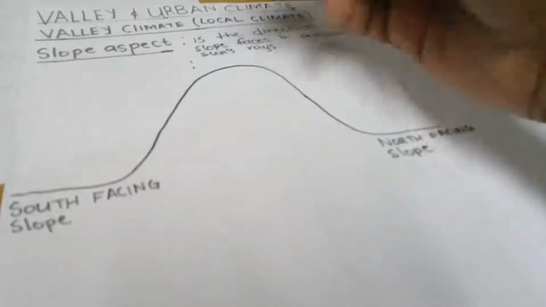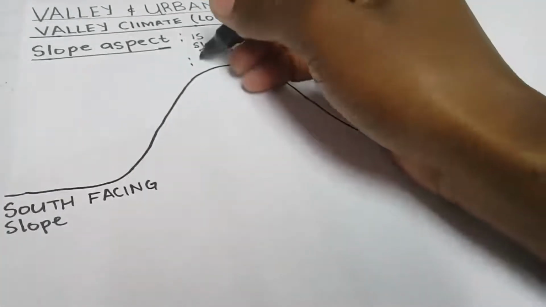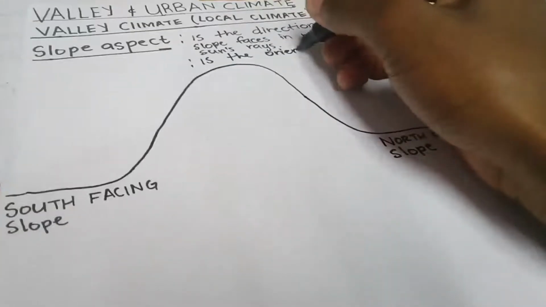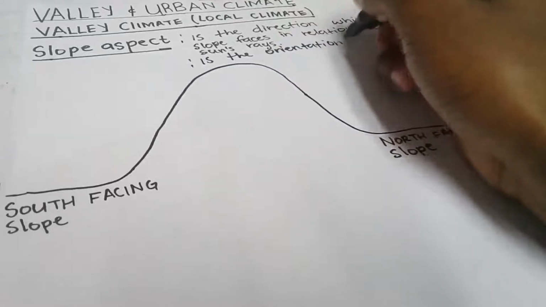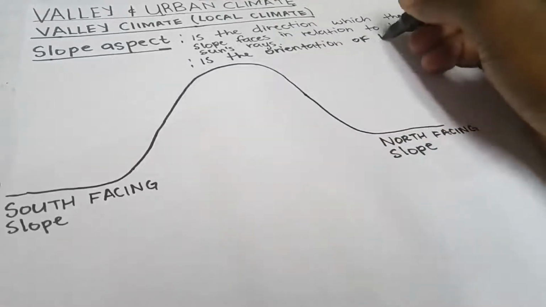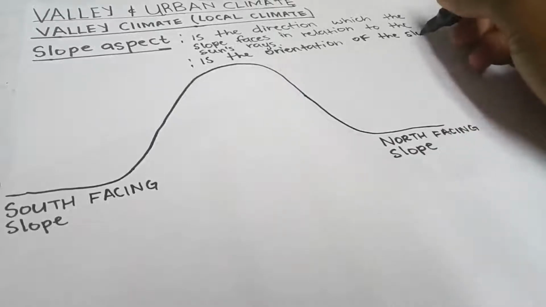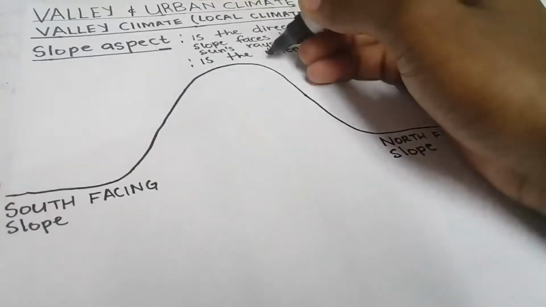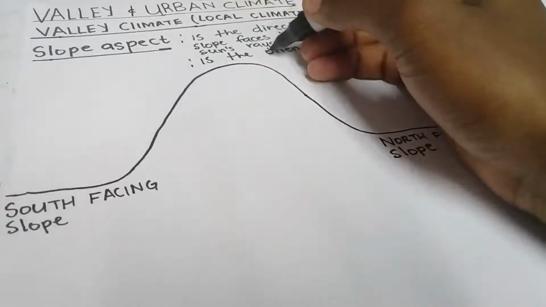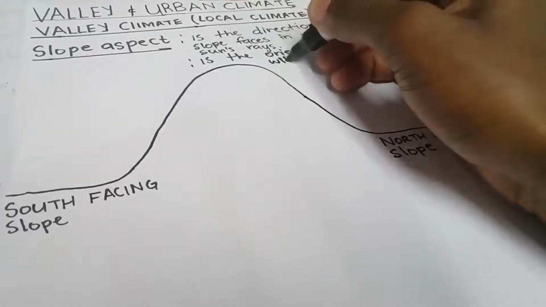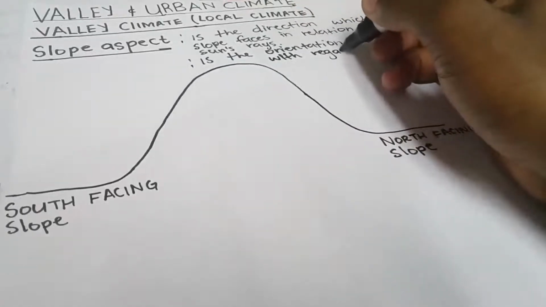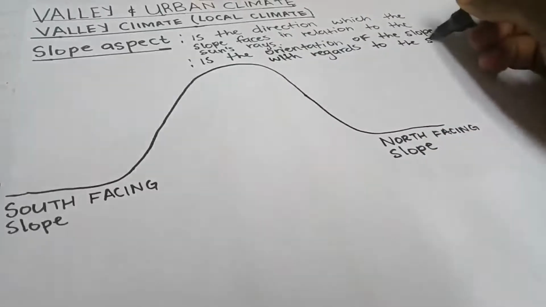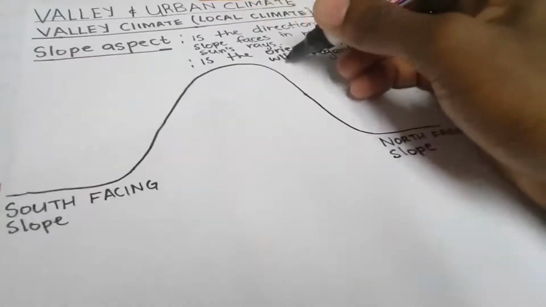The second definition: I can say the slope aspect is the orientation of the slope with regards to the sun's rays.